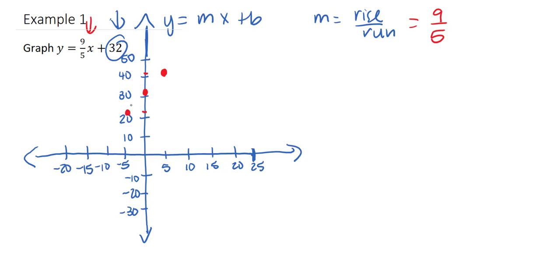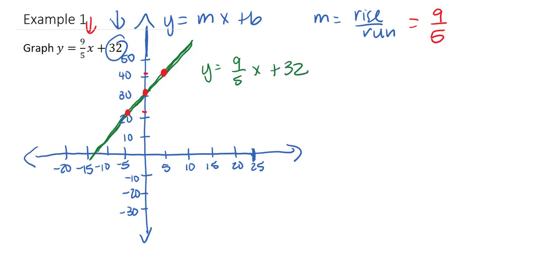So if we go negative, that means we have a positive slope still. Negative over negative on a fraction would be positive. So that's how we do that. And then we can draw this line. So this is equal to y equals 9 over 5 x plus 32.